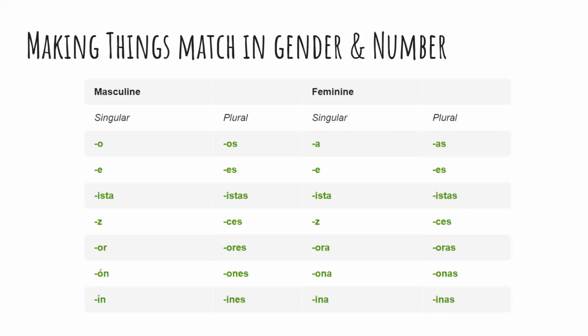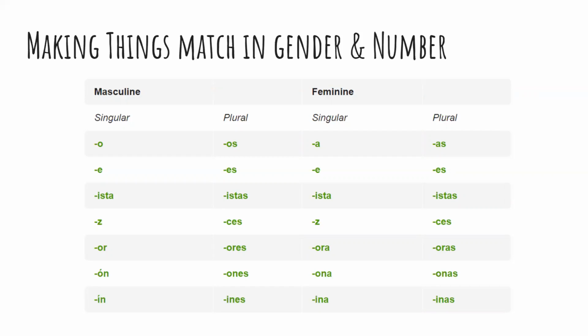If it ends in E, it's masculine singular or feminine singular, and to make either of those plural, you add an S. If it ends in ista, it's the same. So ista, istas, ista, and istas. If it ends in a Z, to make it plural, you change it to CES, and you do that for both masculine and feminine. If it ends in OR, to make it plural, you add ES, or to make it feminine, you change it to ORA, and ORAS.